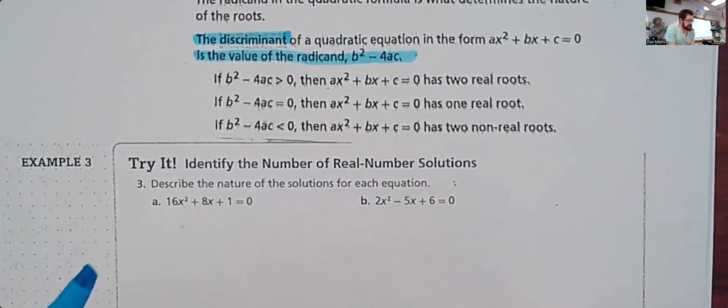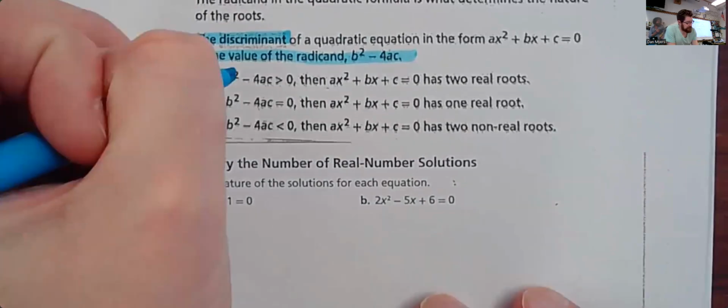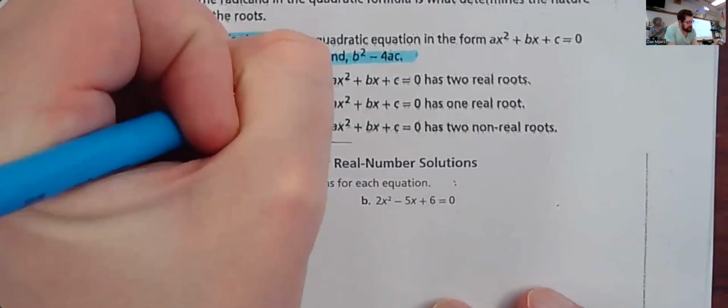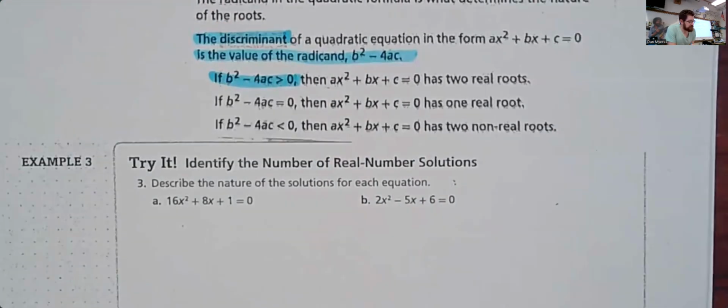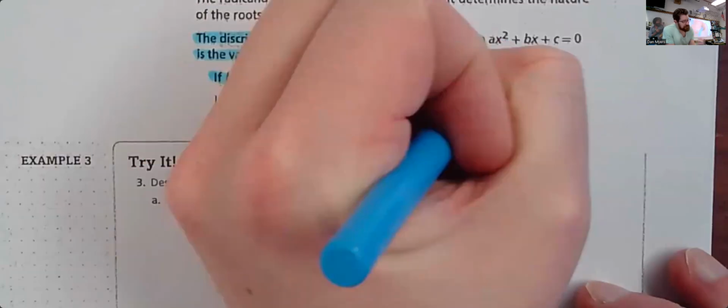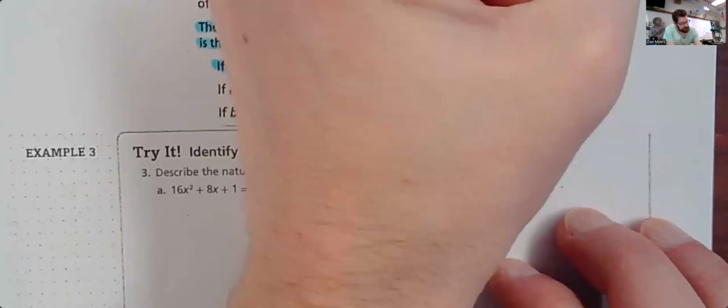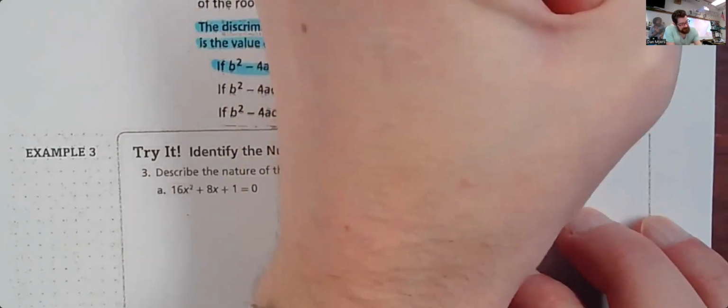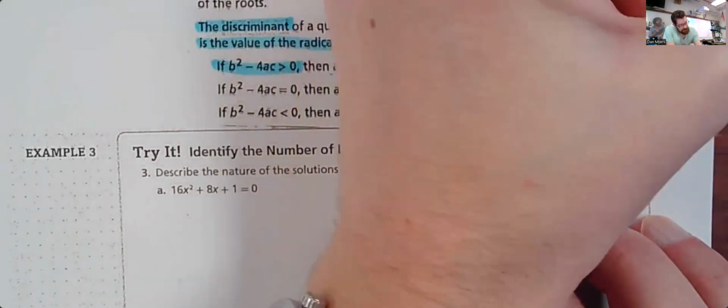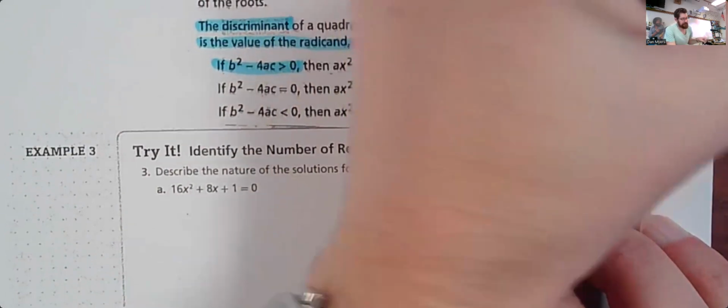If the discriminant is greater than 0, if it's positive, two real roots, or you could say two answers, two real solutions.